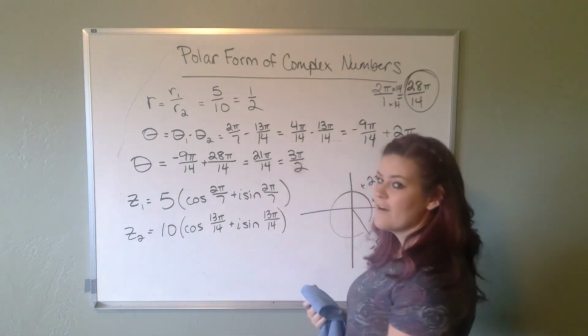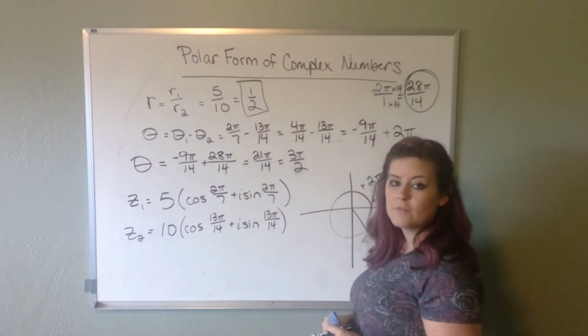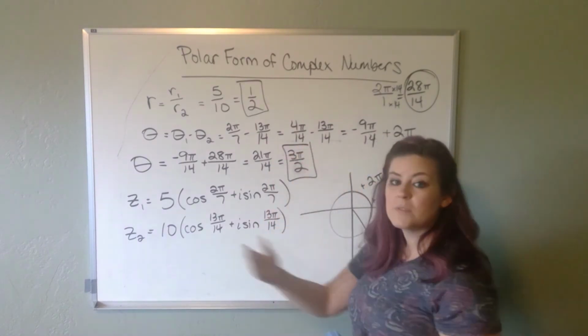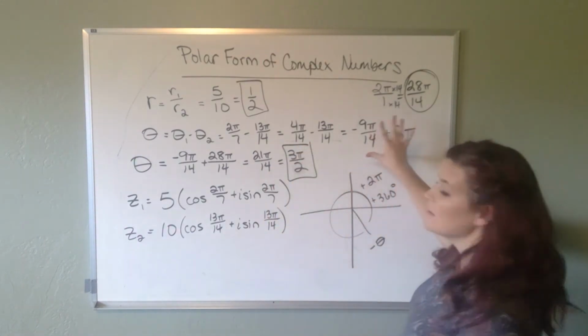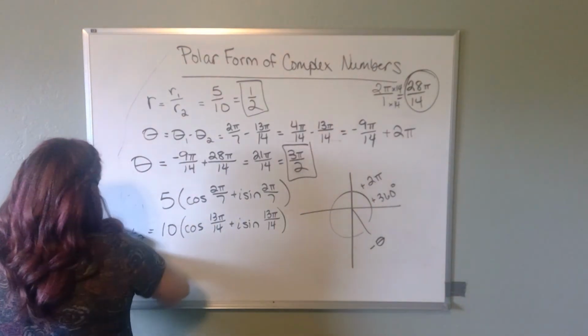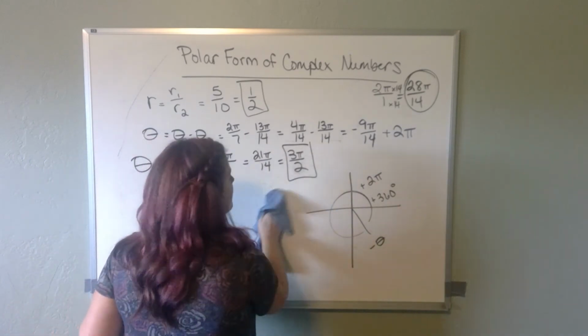But what I got out of it: here's the r I got from dividing the r's. Here's the theta I'm going to use from subtracting the thetas and then getting that angle to be positive. So let's write our quotient, or z1 over z2. That was our goal in this problem.